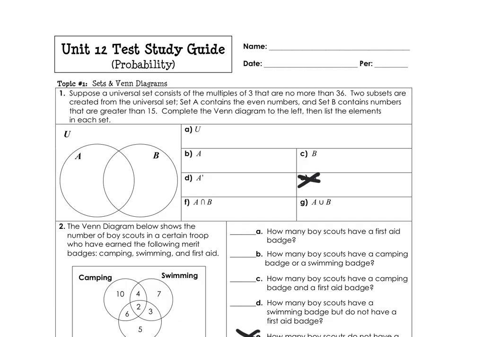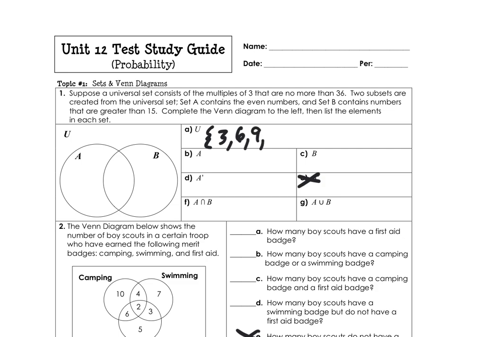So set A is talking about the set of universal numbers. And if it doesn't say what is the set of universal numbers, you may want to list it out, but because that's part A, I'm going to go ahead and do it on part A. 2 subsets created from the universal set. First of all, the universal set is multiples of 3. So the universal set are your multiples of 3.